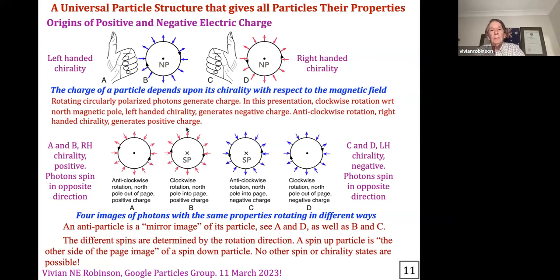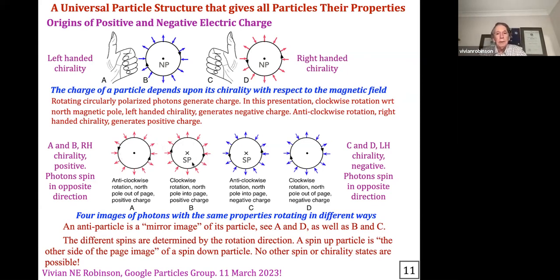So there are only a total of 4 combinations available. Here we see a photon rotating anti-clockwise with the North Pole pointing out. Here we see the same photon rotating clockwise, and there the South Pole is pointing into the page.